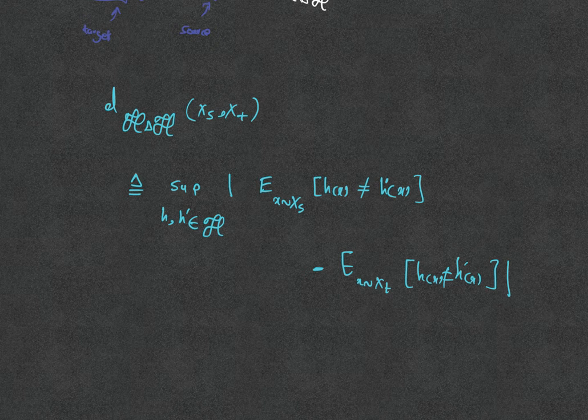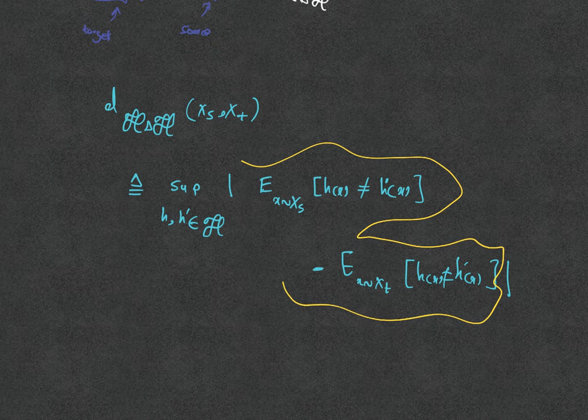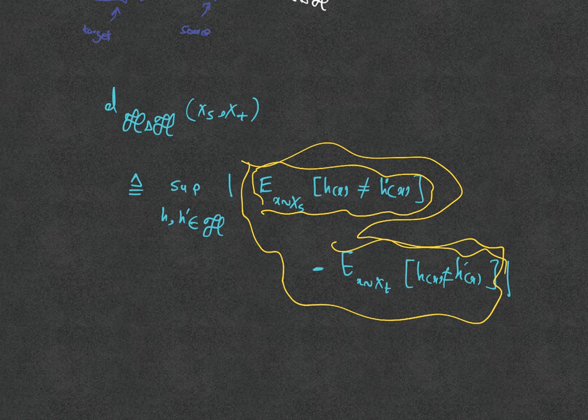Okay, sorry. So this is the value we are trying to find the supremum for, which means that you can pick any pair of hypotheses from H, and on the source domain the average of their disagreement is this, and the average of disagreement on the target domain is this. What is the maximum absolute distance, or supremum of the absolute distance?